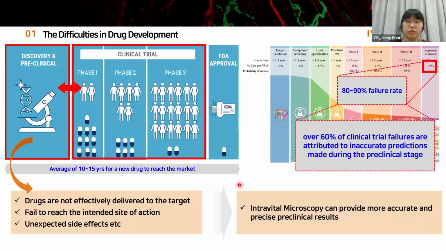As a result, the drugs may not reach the intended tissues effectively, it may not act precisely on the desired targets, or it may cause unexpected side effects, all leading to clinical failure. Ultimately, to address these challenges, we need new technologies that can allow us to precisely observe and understand how drugs behave in real living biological systems and organisms.